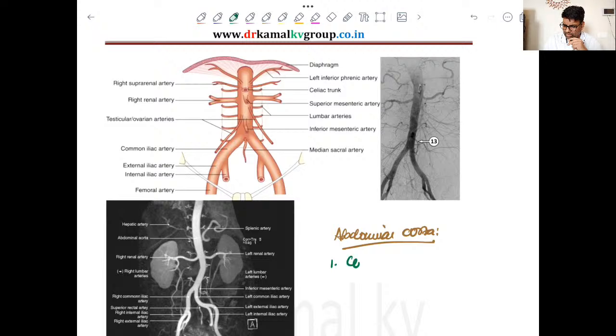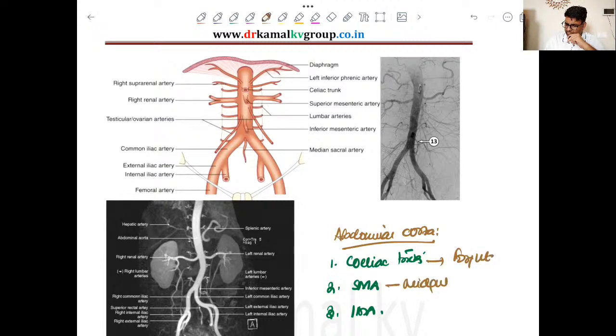One is the celiac trunk, second is the superior mesenteric artery, and the third is the inferior mesenteric artery, right? They have specific areas to supply. So this supplies the foregut derivatives, this the midgut derivatives, and this the hindgut derivatives, right?